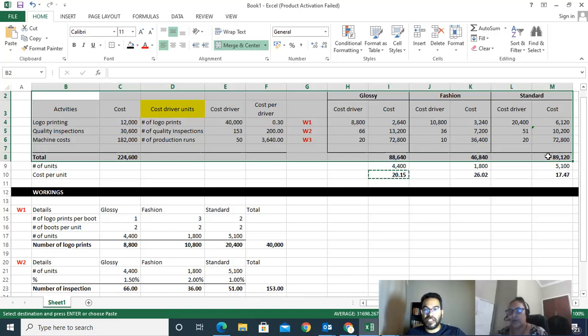This part over here is only calculating fixed manufacturing overheads. If they ask you for the cost of a product, we still need to do the variable manufacturing overheads, the direct material, and the direct labor. So just be aware of what the required is asking.